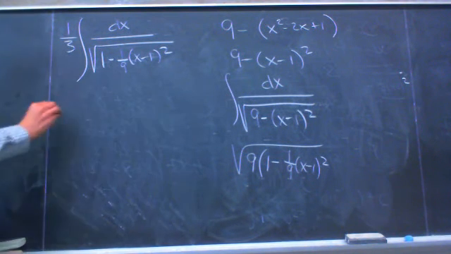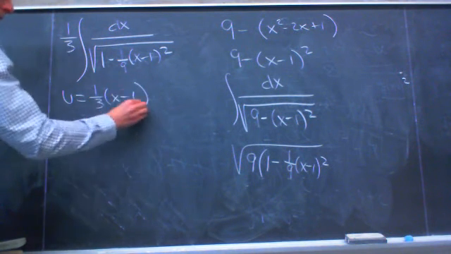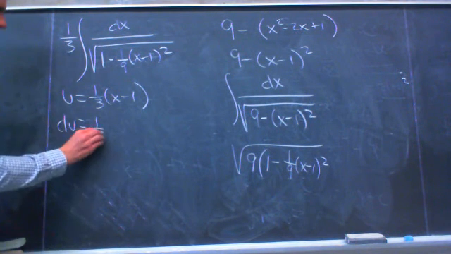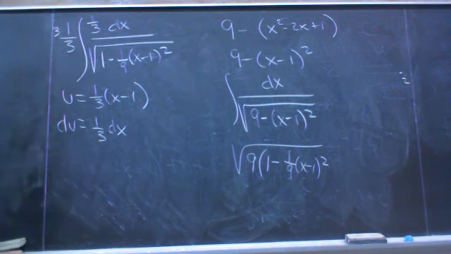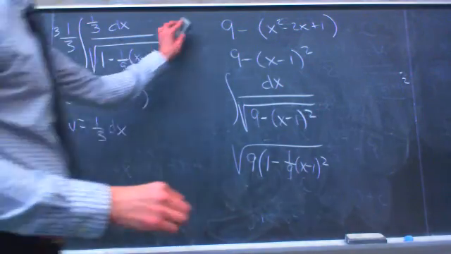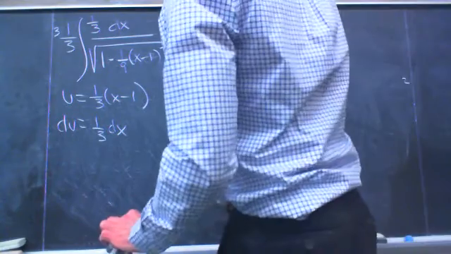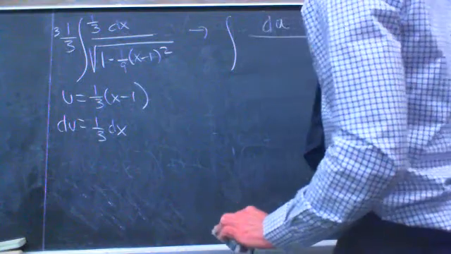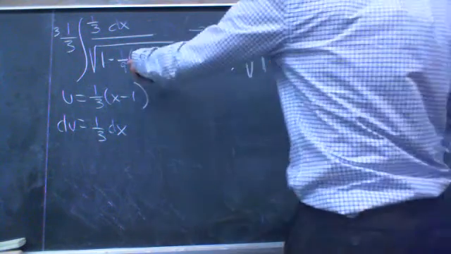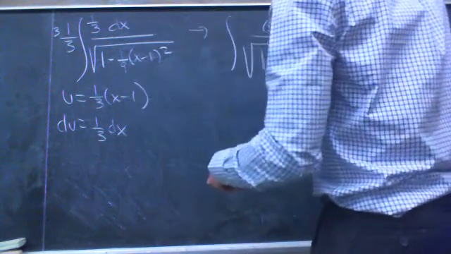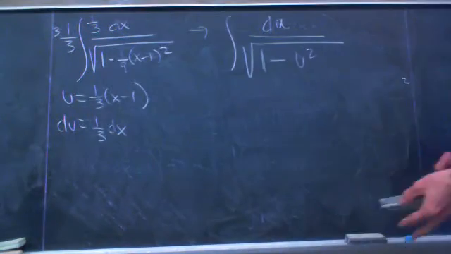Now I can choose my u to be the square root of that. du is 1/3 dx. Put a 1/3 in, take out a 3. So now on top, this will now give me du over the square root of 1 minus this inside stuff, which I call u, so u squared is that.